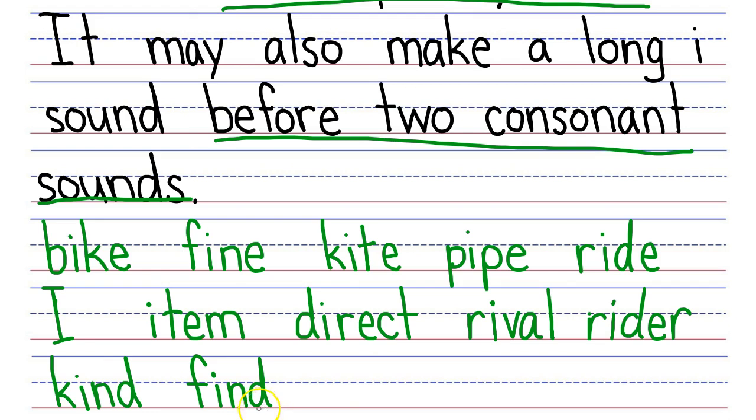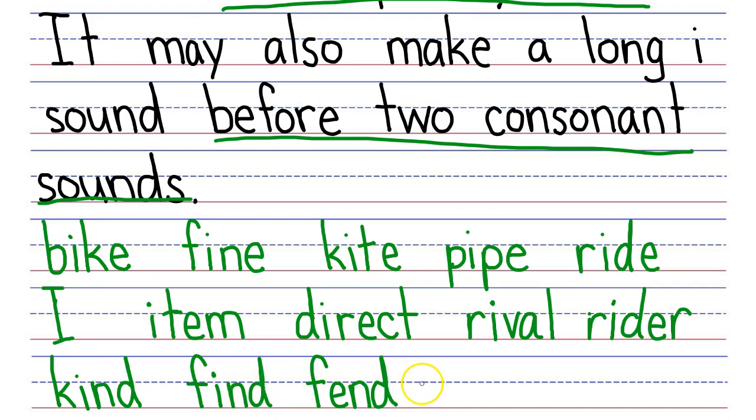But we actually spell the word fend with an E, where the E does make a short sound. So I'll write it out for you. Fend. You must fend for yourself. That's how we would write fend. But if you want to write find, you need to use an I.